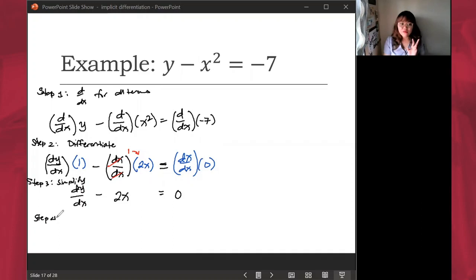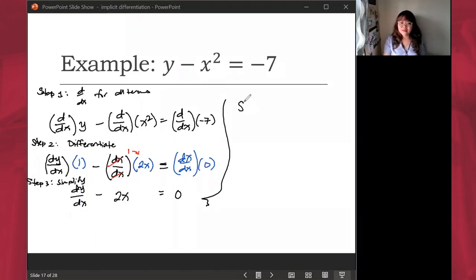So for step 4, we now equate to dy over dx. If we have to equate in terms of dy over dx and I currently have negative 2x here, what should I do with it? Let's solve that again.